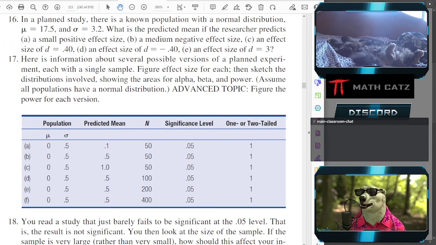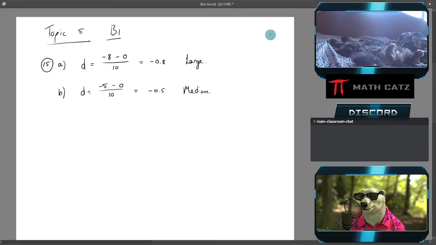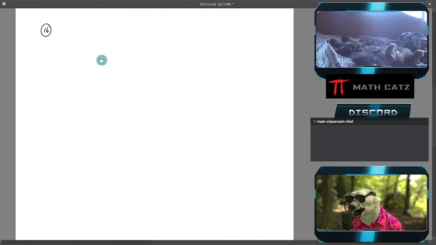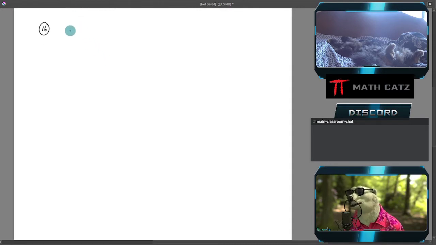So now we remember our formula, which is effect size. I'll say here predicted mean minus distribution mean over sigma.